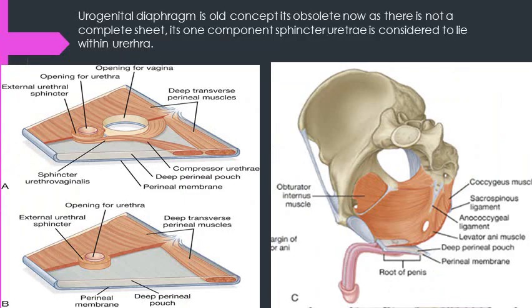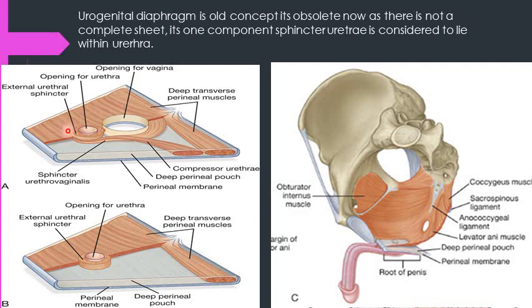I can see here in this slide that in this picture, this whole blue area is showing you the margin of the perineal membrane, and above that perineal membrane there are these very important muscles. Number one is this transverse perineal muscle. This is present above and deep to the perineal membrane, so we label it the deep transverse perineal muscle.